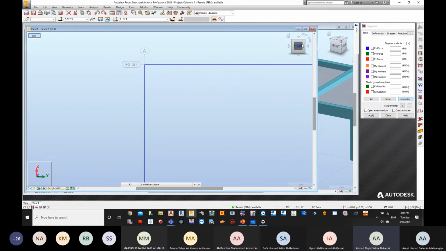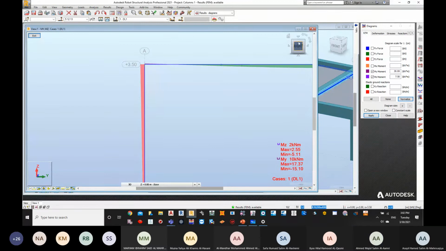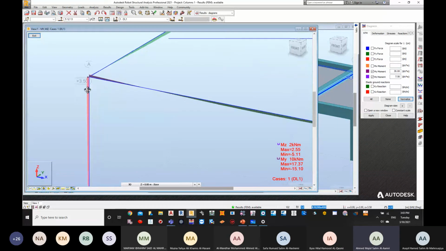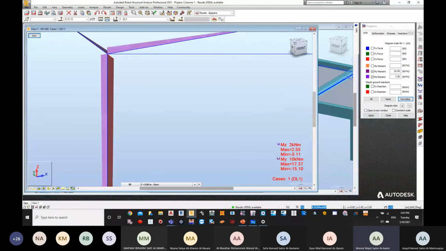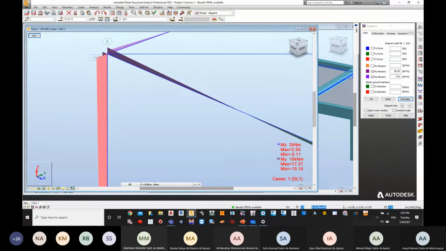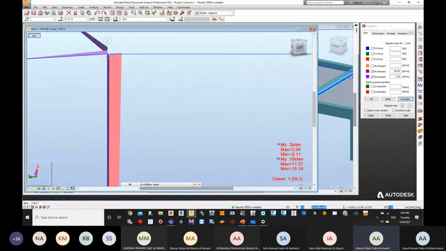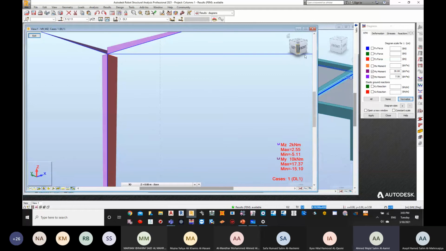If I'm seeing it from here, you will see that because of this beam, it has been pushed here. If I want to visualize both, now you will see whenever I'm talking about the column, I have two moments, because of the values of the bending moment of the beams.